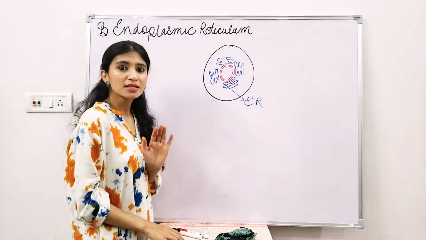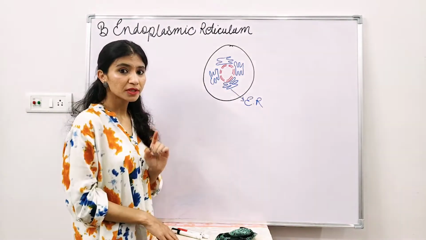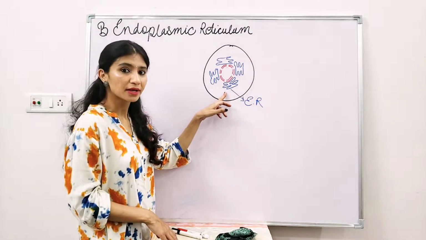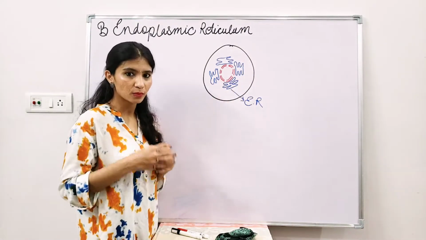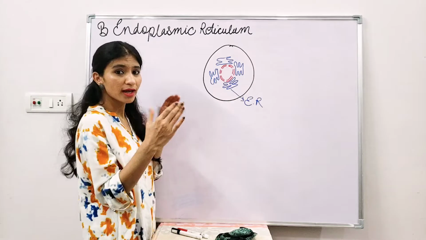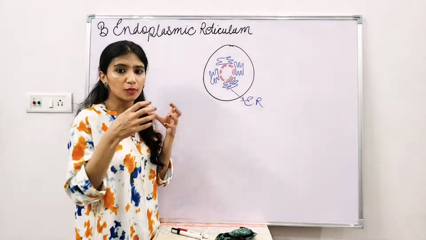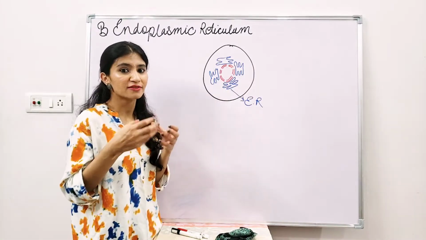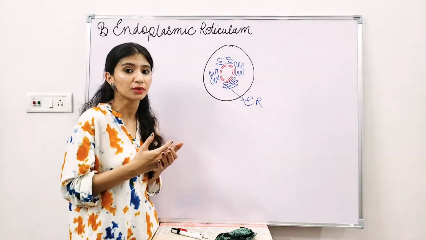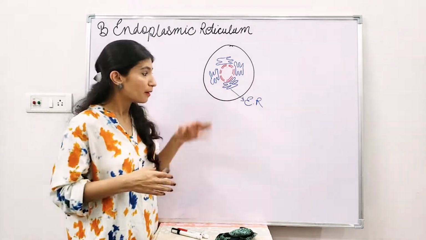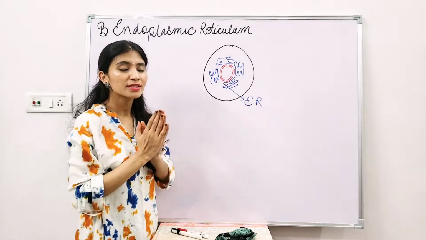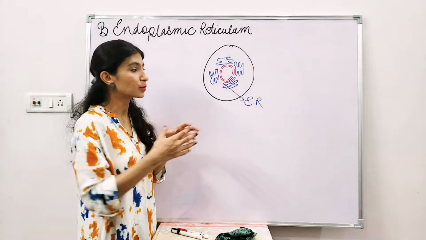Okay, what is the structure of endoplasmic reticulum? First, we need to understand that this endoplasmic reticulum is actually a membrane-bound structure, and it's long and tubular in structure. It is sheet-like. It looks like an oblong, bag-like structure. It can be round. It can be tubular. It can have a different shape. But the structure is always present in a network. Can you see?